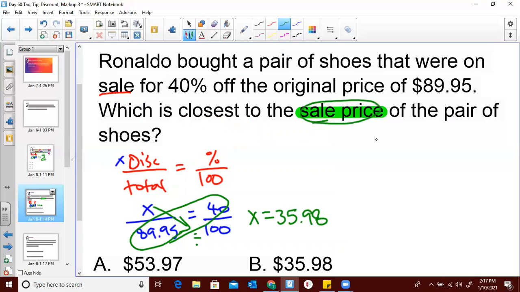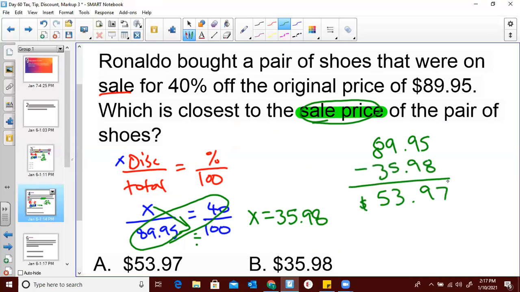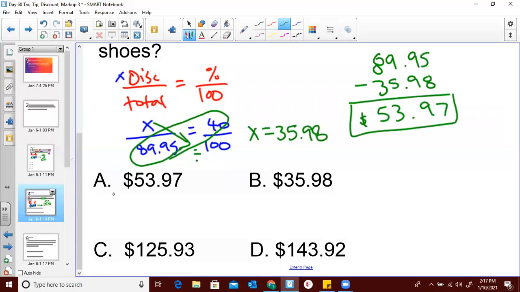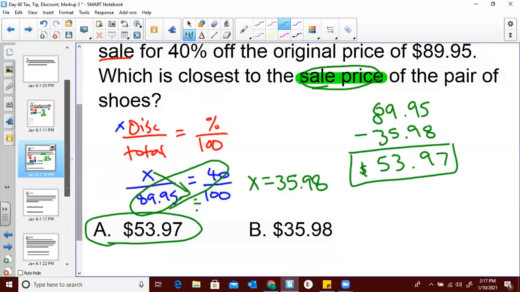So what we're going to have to do is take our total, which is 89.95, and subtract our discount from it. And what that's going to give us is $53.97. Again, if you're looking at a multiple choice question, usually they will give you both what the discount is and your sale price, just to try and confuse you to make sure that you're reading the question. So make sure that you are reading the questions.